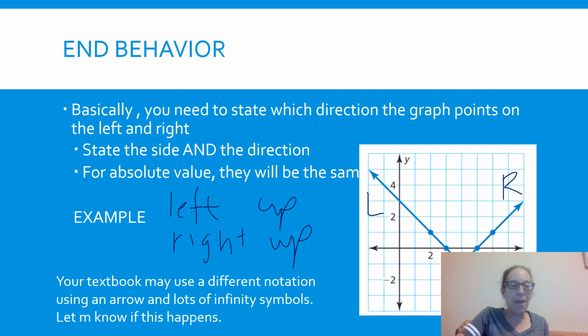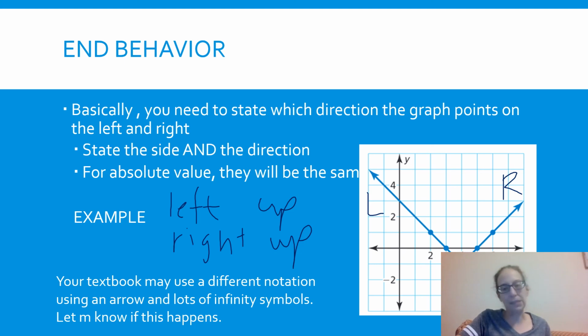So let M know if this happens. M is me. Let me know if that happens, so that I know I need to go in and hand grade some responses, like the textbook might mark it wrong, or if it might be beneficial for me to do a quick little lesson on what that notation is.